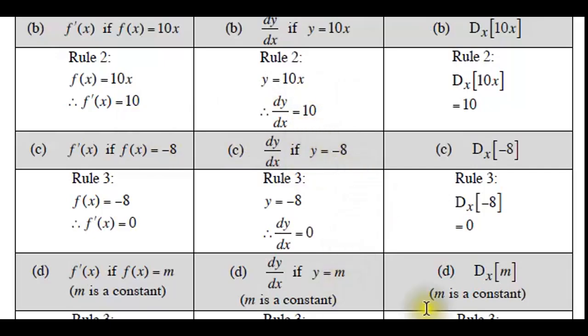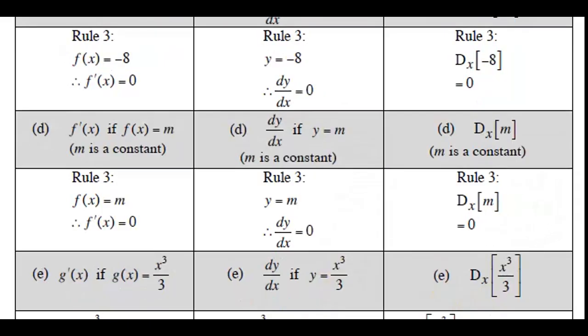Right, rule number 3, if it's a constant, then obviously you're going to get a 0 there. So if it's a constant, be it a negative constant or positive constant, doesn't matter, your answer is going to be 0. Right, and then notice that in D's example, you're doing a derivative on x.